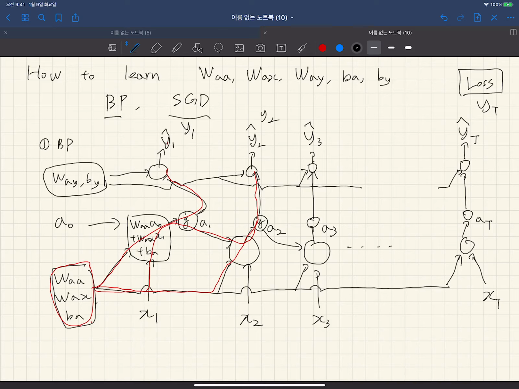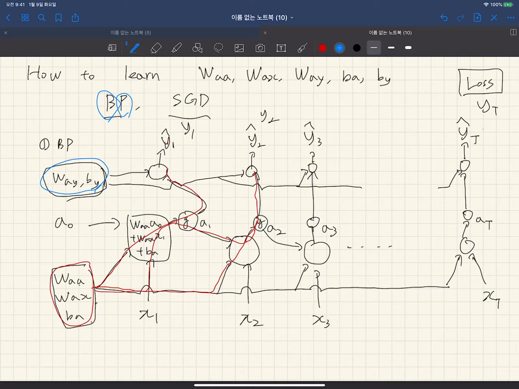And from the derivative with respect to Y hat T of your loss function, you will update WAA, WAX, BA, and WAY, BY as well. Okay, the B in backpropagation is backward propagation. So backward pass means the reverse pass from the output to your target parameters.